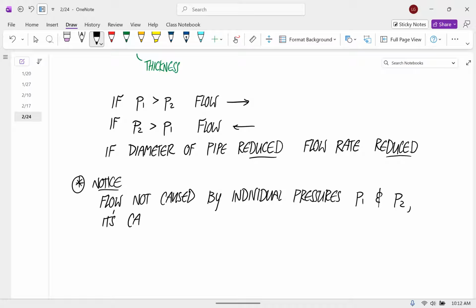It's caused by the difference of those two. So you can think of it as P1 minus P2. And if P2 is bigger, then you get a negative number, and it just means it's going in the other direction.